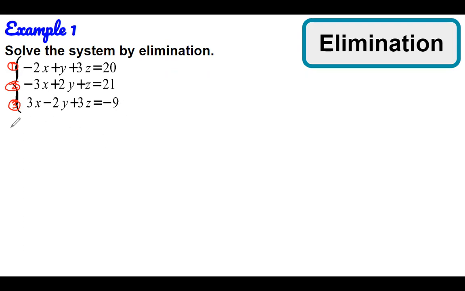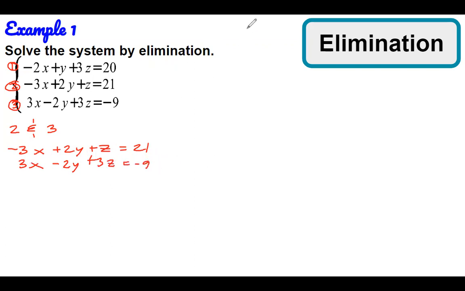So we're going to use equation 2 and 3. We're not substituting this time, so it's just equation 2 and 3. So let me go ahead and rewrite them out here. So I have 2, which is negative 3x plus 2y plus z equals 21, 3x minus 2y plus 3z equals negative 9.